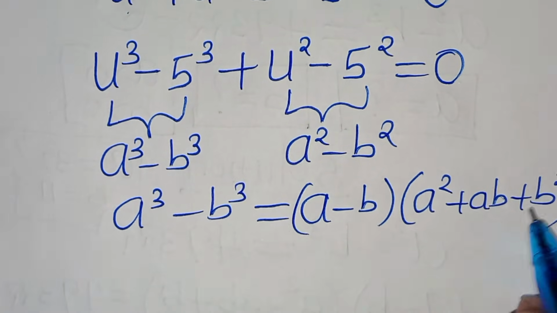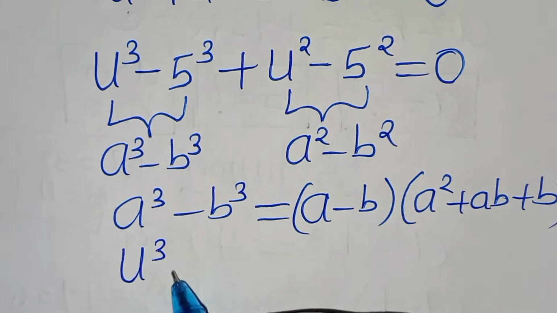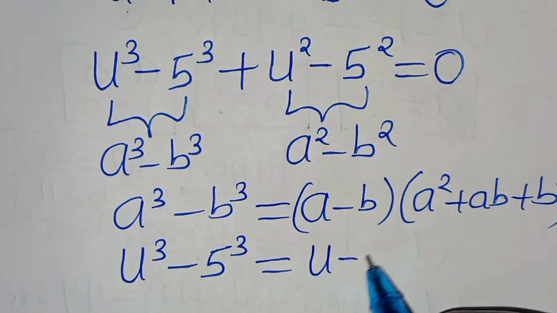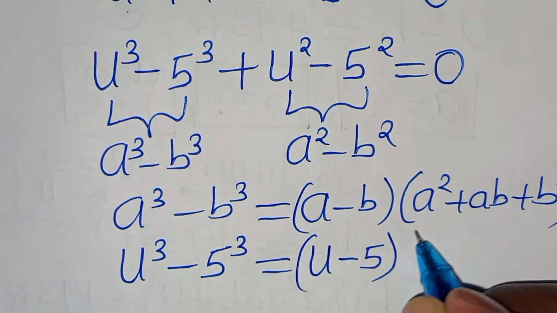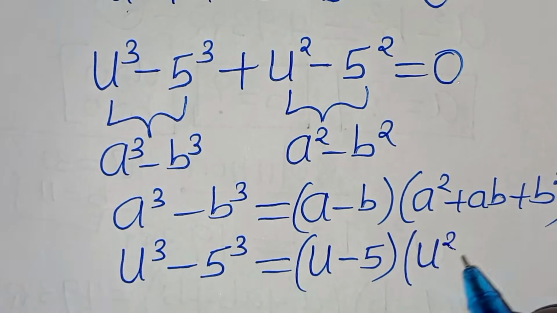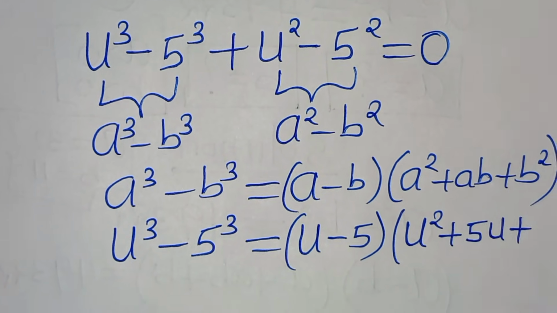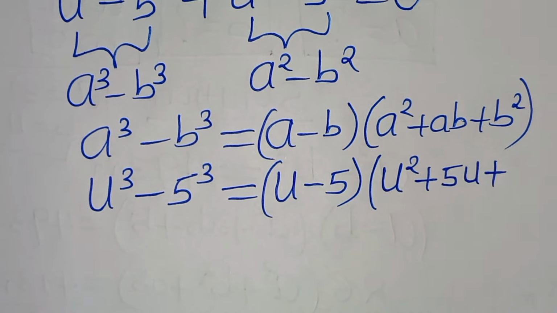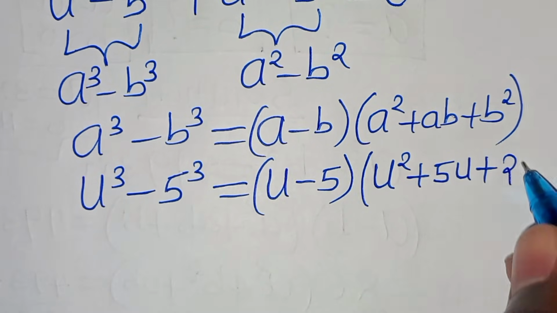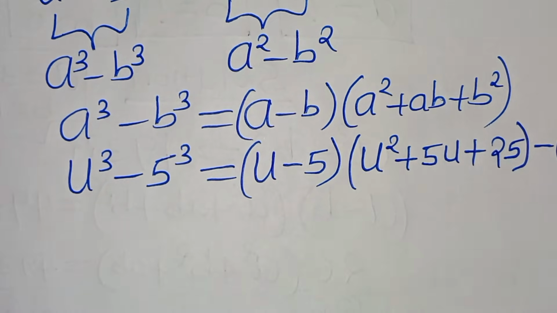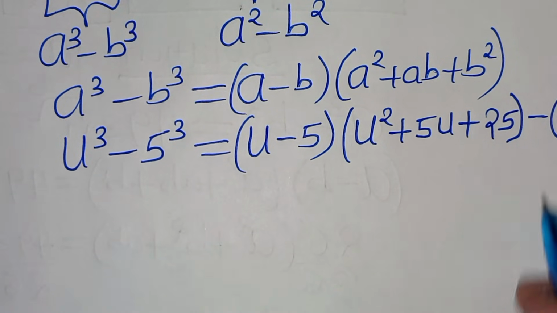Applying this identity, u to the power of 3 minus 5 to the power of 3 is equal to u minus 5 into the parentheses u to the power of 2, then plus 5 times u, which is 5u, then plus 5 squared, which is 25. Let's call this part 1, case 1 here.